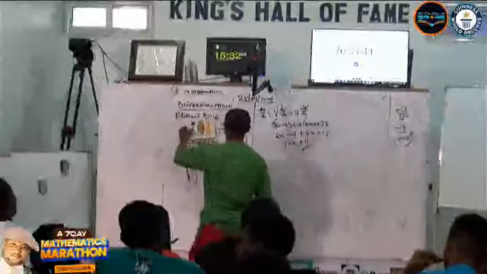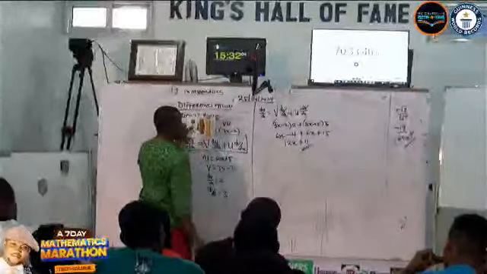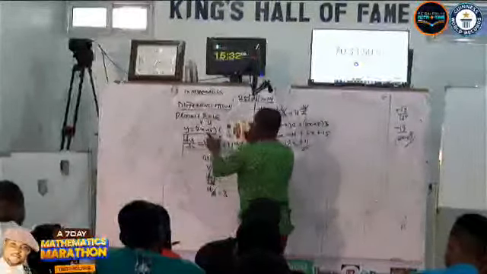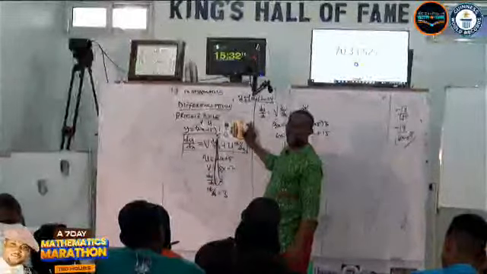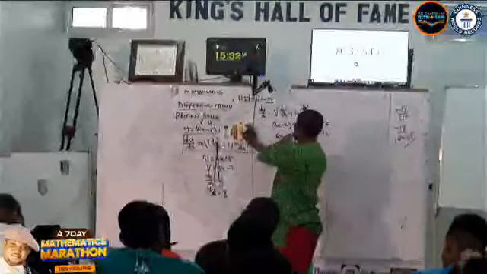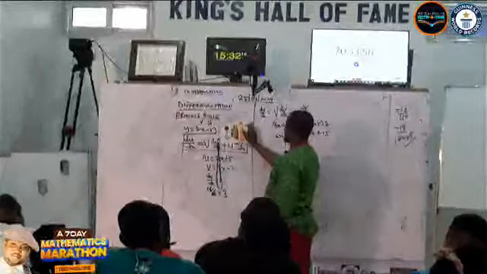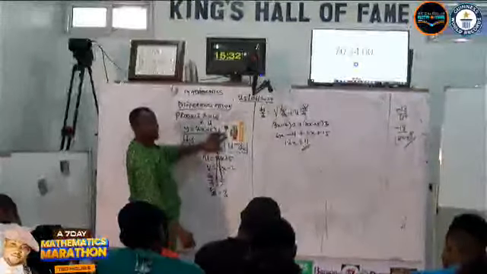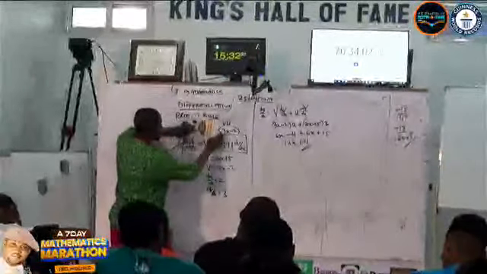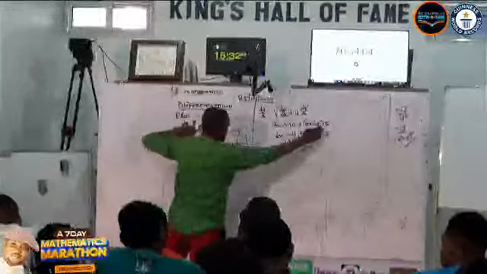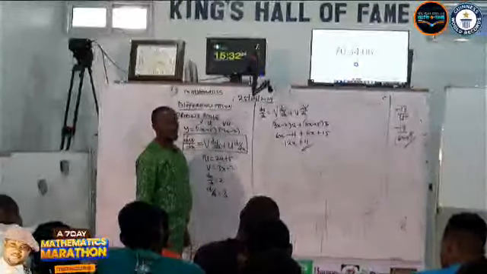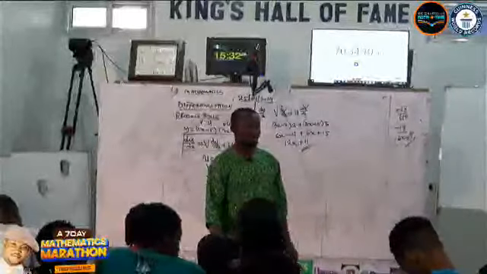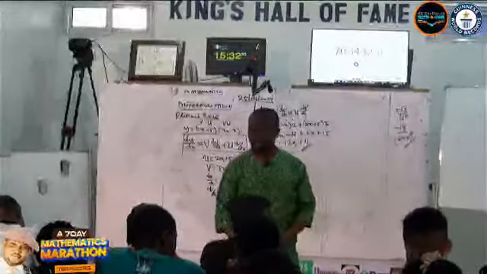Then, I differentiate one. If I differentiate, what do I have? That's a 2. Then, I write this one. I differentiate this one. What? You understand what I mean? So that's the meaning of that stuff.